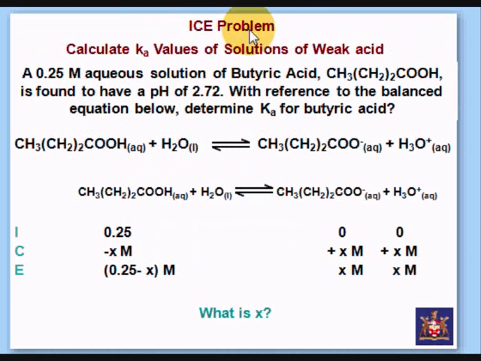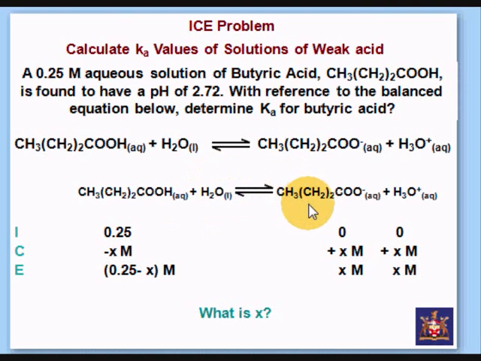We've got a nice ICE problem right here. What that means is that we've got to look at our initial concentrations, our change in concentration, and finally our equilibrium concentration. So we have our reactants here. This is our reactant concentration, governed by the equation right here. We're striking off H2O. We're not concerned with that. It has a value of 1 and has no effect once we go for our equilibrium constant equations.